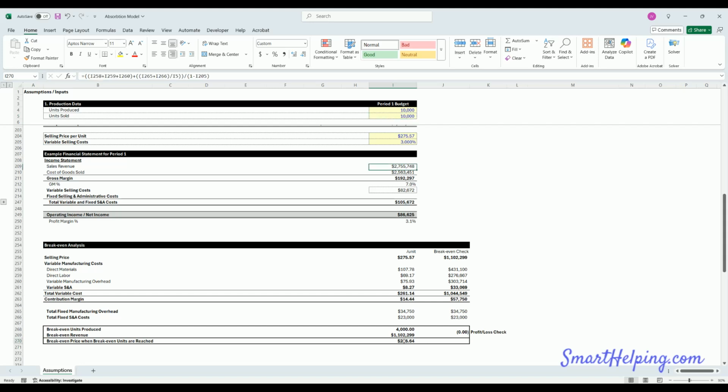And this is solving for the break-even price when break-even units are reached. So this units sold has to equal this for that to make sense. Otherwise, it won't, because obviously at 5,000 units sold, this is not the right break-even price.